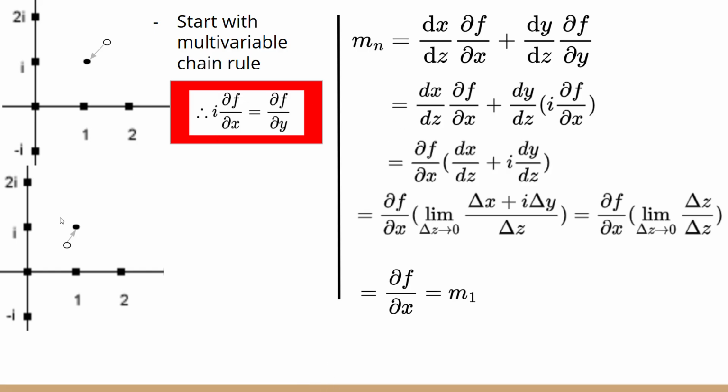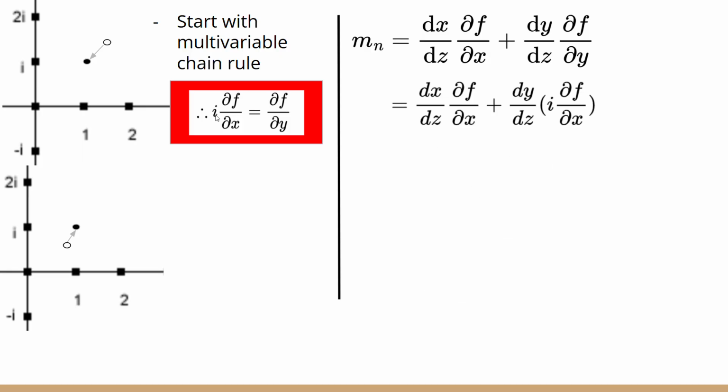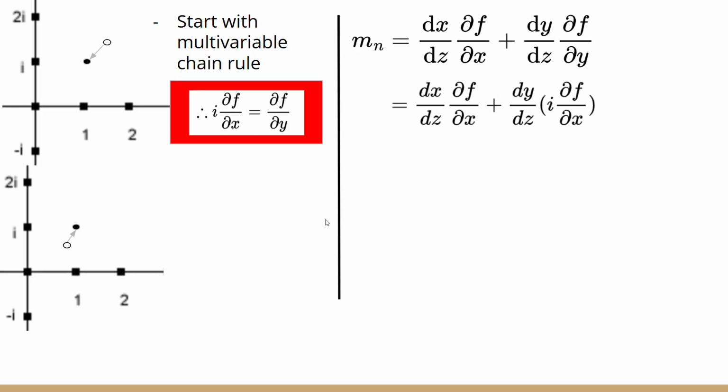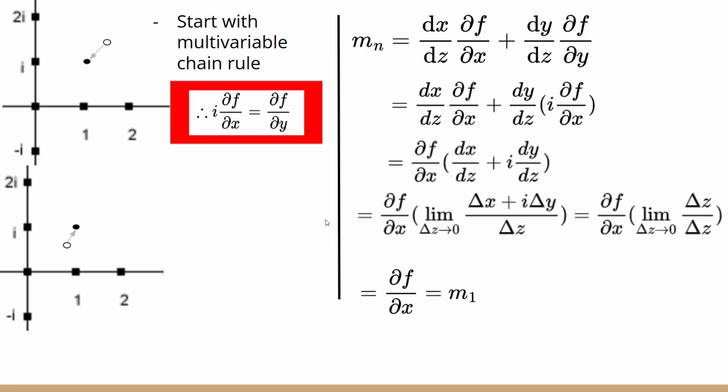So this basically tells us for all our directions, given the Cauchy-Riemann equation, so given that the gradient associated with these two special directions, the approach from the positive real axis and the approach from the positive imaginary axis, are the same, we use our multivariable chain rule to find that for a general direction, it will essentially still be the same.